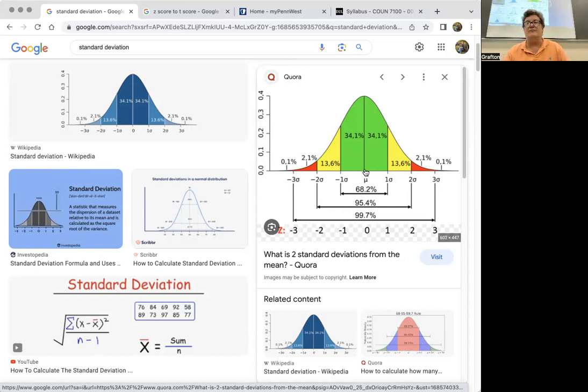So there's a number of different ways to look at this. So on an IQ test, 100 would be in the very middle.